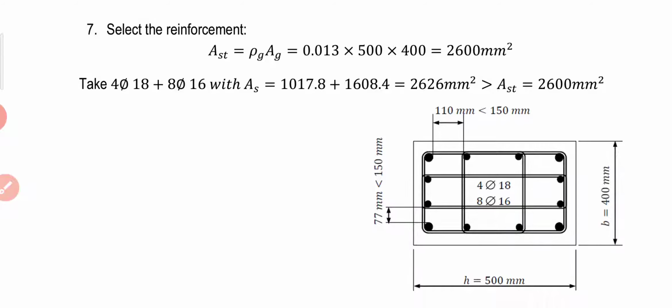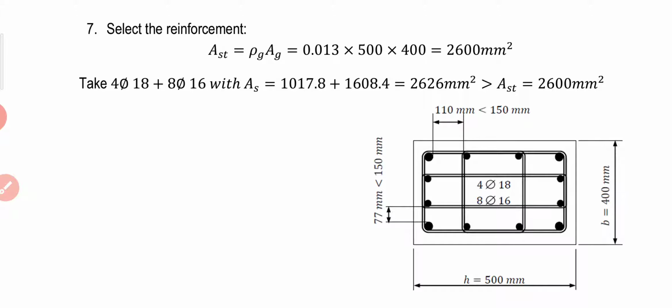Select the reinforcement. Ast equal to Pg into Ag. So we can put here Pg value 0.013 and Ag equal to B into H. So B equal to 400 and H equal to 500. So we can get Ast equal to 2600 mm square.